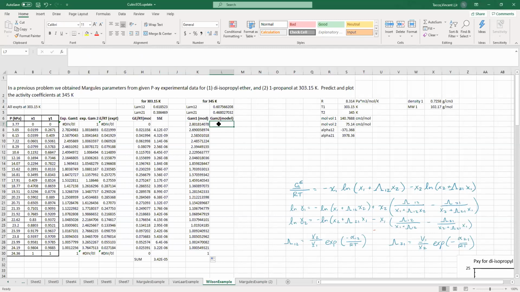So I'm going to do the same formula for gamma 2. I'm going to practice it again, make sure I don't make a mistake. Times exponent minus ln of x2, 1 minus x1, plus lambda 2,1 times x1.